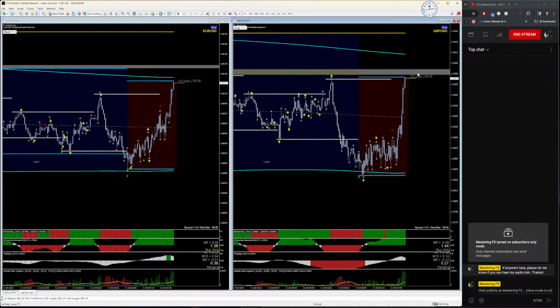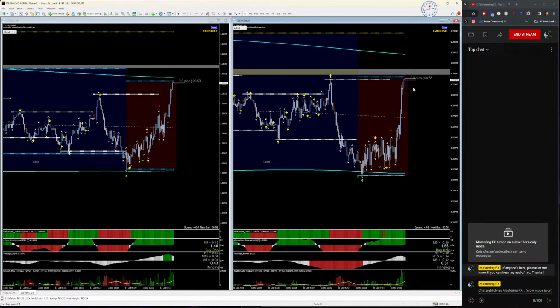So let's see what price does here. Like I said, minimum I want to see is a tap into that fair value gap. Ideally, I want to see it come into the band because we did touch it here. However, this might later on shift down, and then it will be a touch. So gotta keep that in mind too.